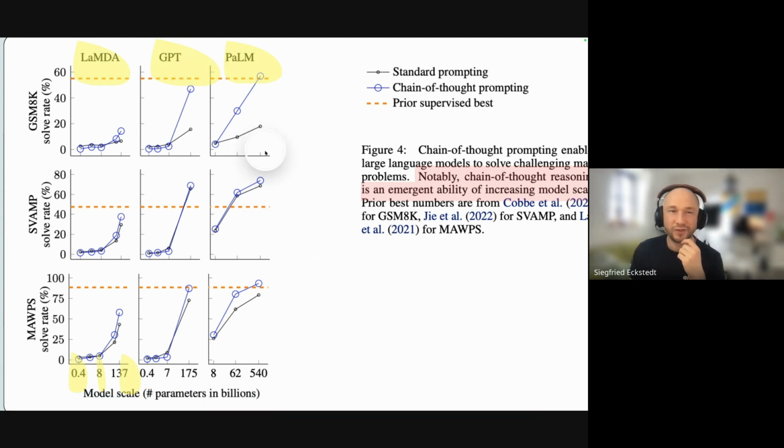And we can tell, best by reading it from the GPT and PaLM models, that the effect of using chain of thought prompting is strongest with the large models. So large meaning a larger size of parameters.